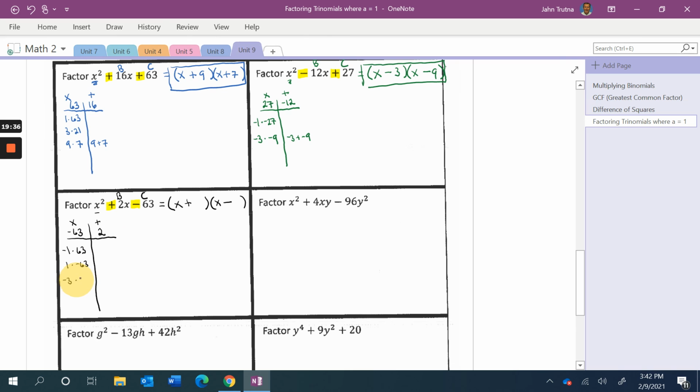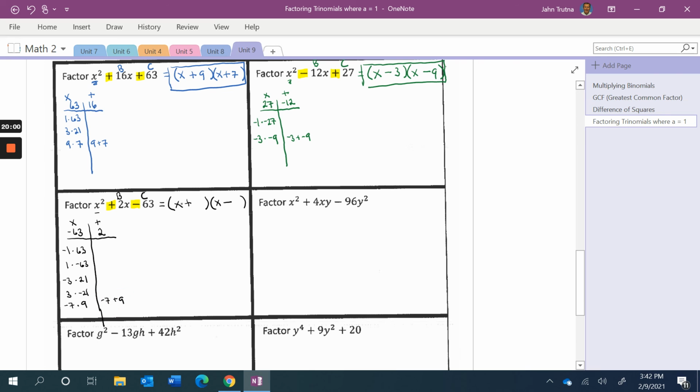Negative 3, positive 21. Doesn't work. They don't add to 2. How about positive 3, negative 21? Doesn't work. They don't add to 2. Okay, how about negative 7 times positive 9? Okay, that multiplies to make negative 63, and notice negative 7 plus 9 adds to 2.